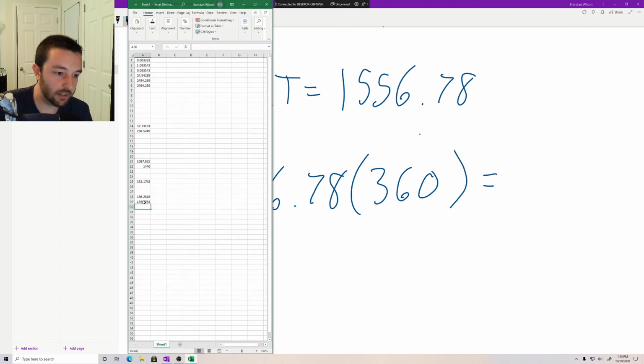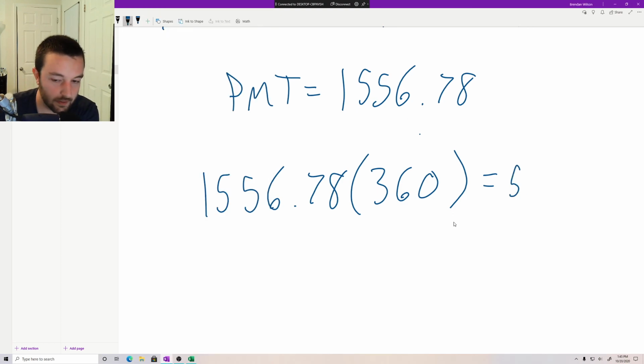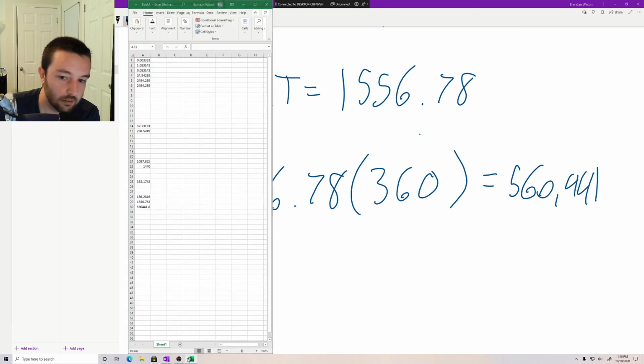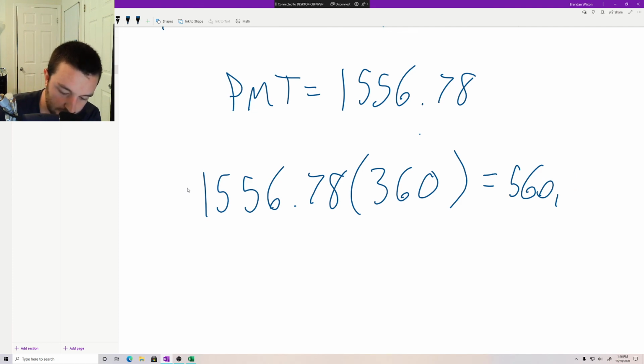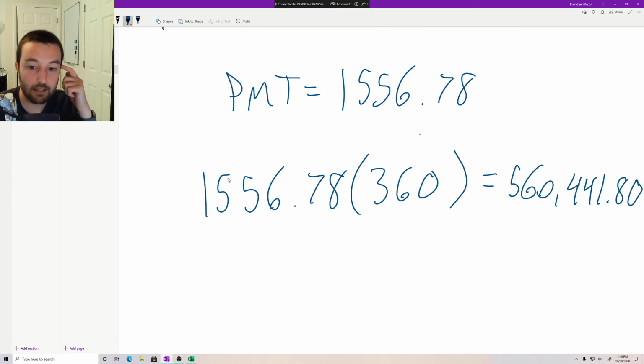So 1556.78 times 360 is 560,441.80. Almost double the value of the house, which shouldn't be that surprising because it's a very long loan, right?